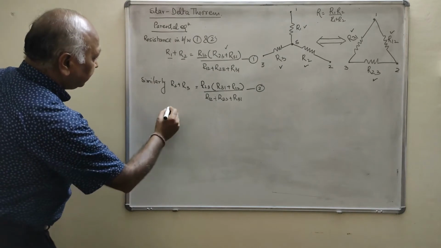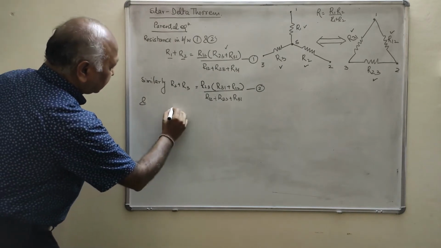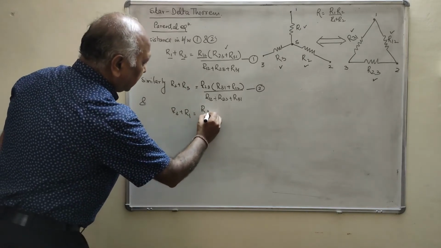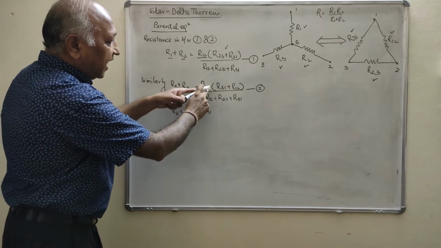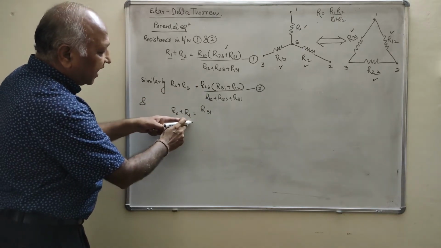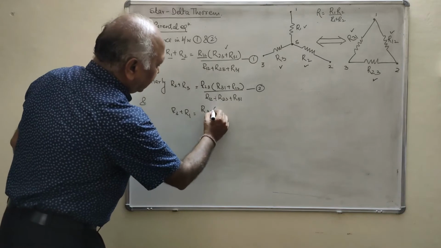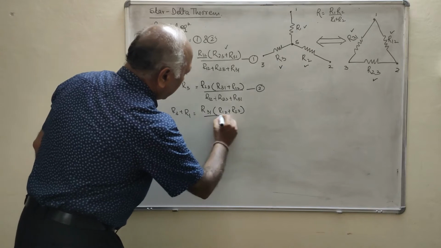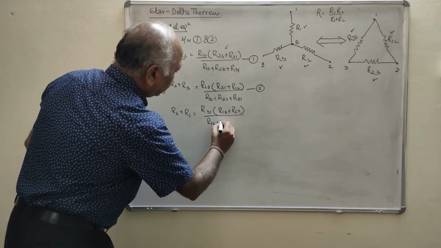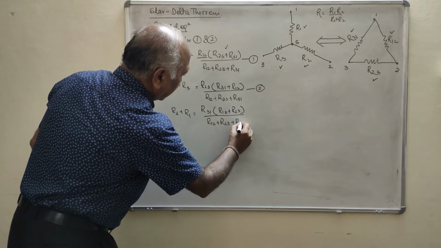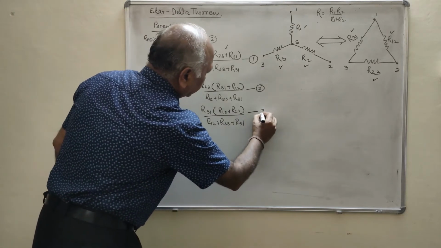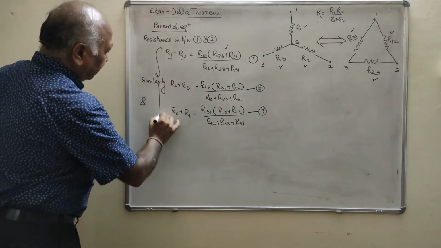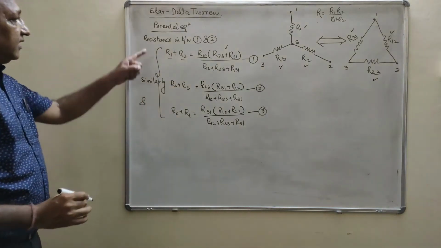And R3 plus R1 is equal to R31 into R12 plus R23 upon R12 plus R23 plus R31. This is equation number 3. That means by using these 3 equations, we will derive the conversion.